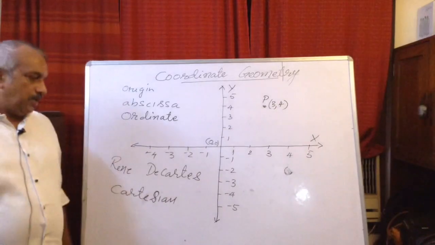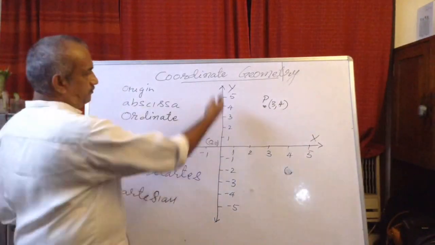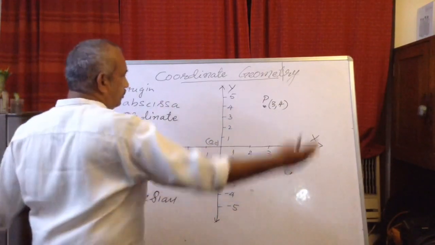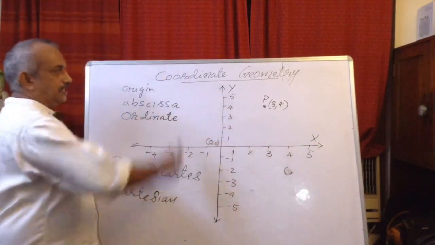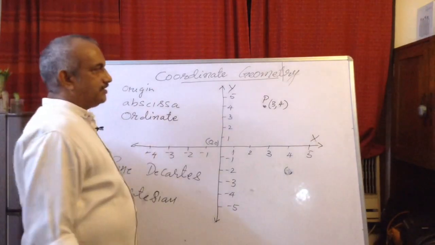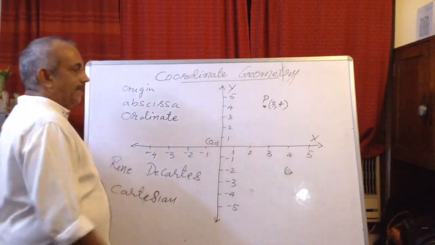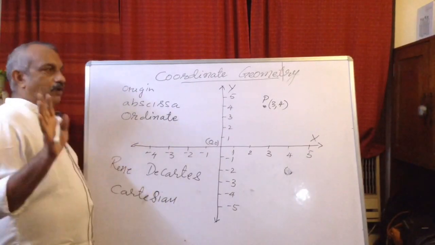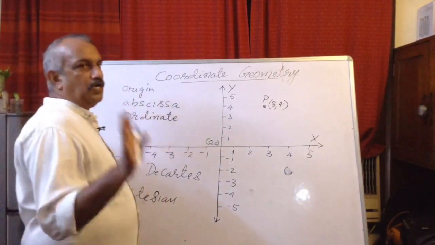Now next one, see these two axes dividing the plane; they go on extending. The arrow marks show that they are extending. So these two axes, the x and y axes, are dividing the plane into 4 quadrants. Quadrant means one quarter of something.